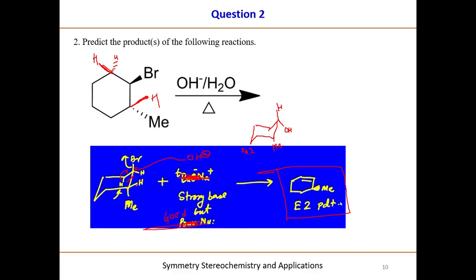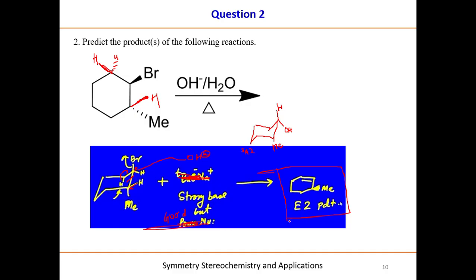You can see here it is present on the front side, correct? So it is not anti-periplanar to the leaving group, because the elimination is done by the anti-periplanar proton only. That's why this is not possible.